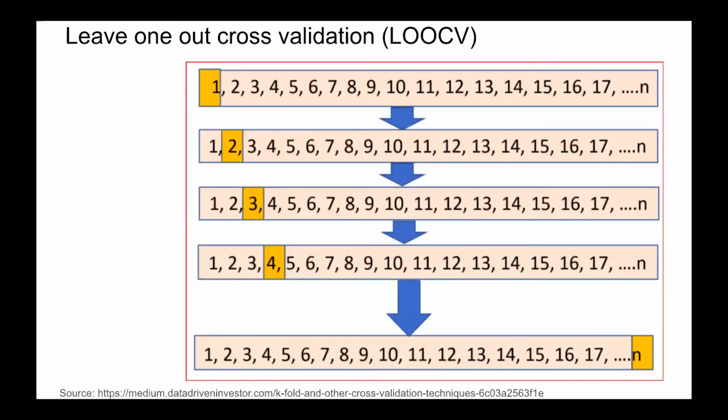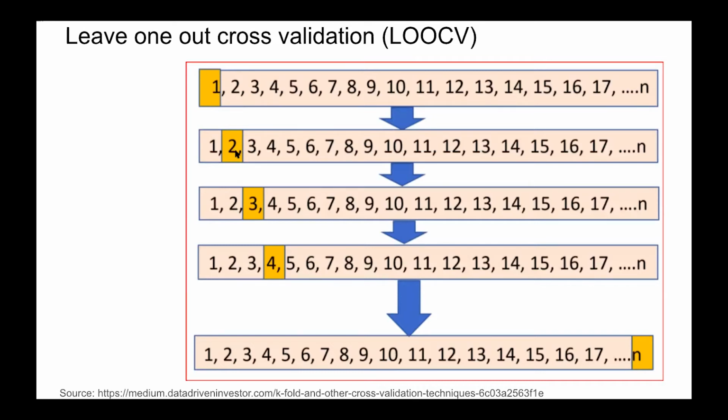The first method we are looking at is called leave one out cross-validation. Looking at this graph, you can think about a data set with n observations. You fit the model using all the observations except the first one.